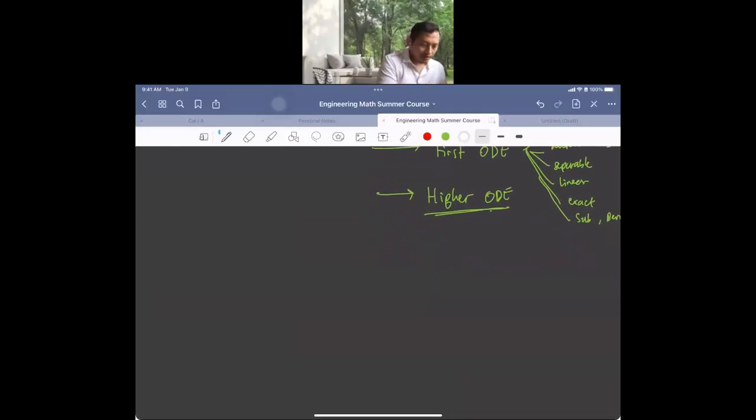Okay, but let me just go for the first order first, and maybe take from the quiz question. I think most of you did not really get the correct answer with this one. I think few of you got the correct answer.